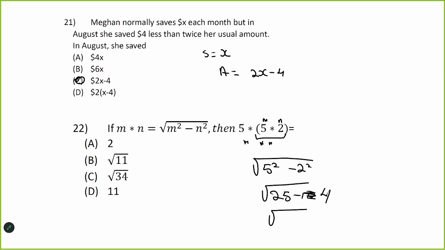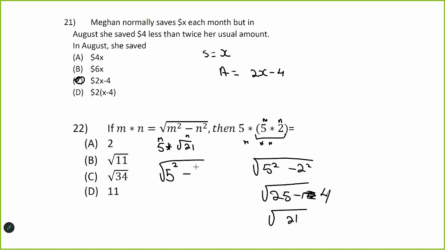Right? Hold on. Looking for my pen. Right. So this is the square root of 21. So now the question becomes 5 asterisk square root of 21. So this is m and this is n. Right? So this would be 5 squared minus.